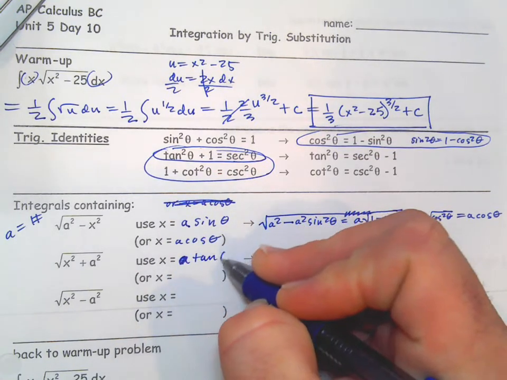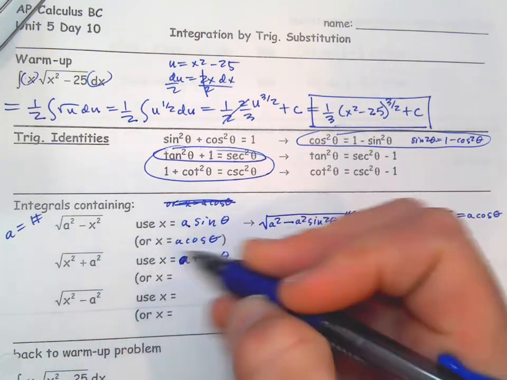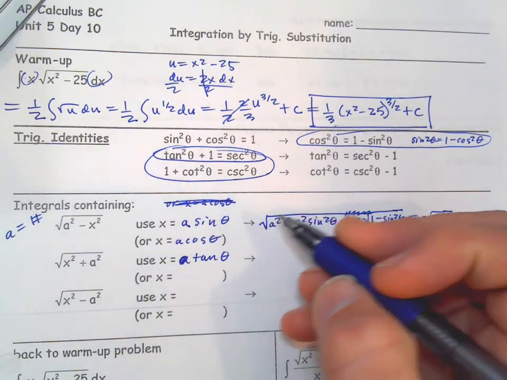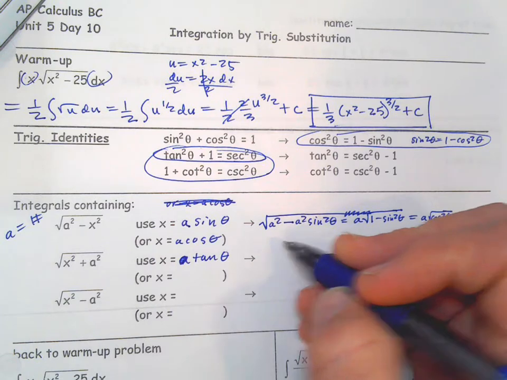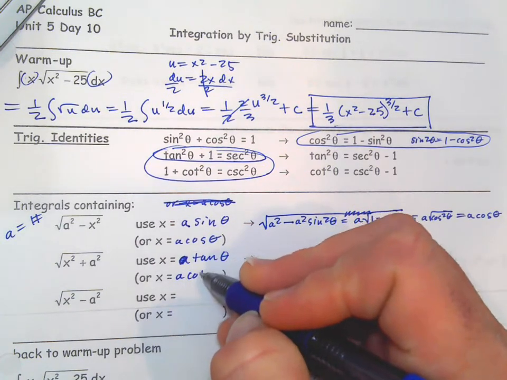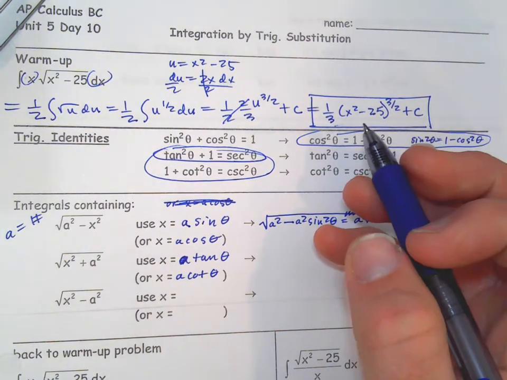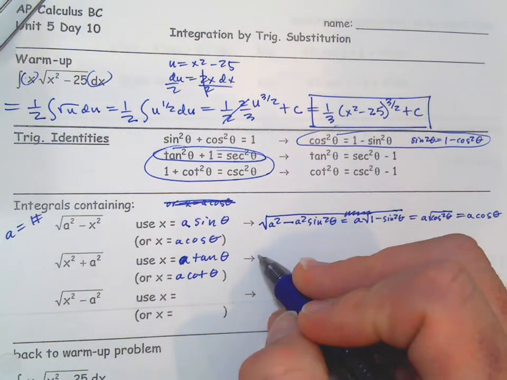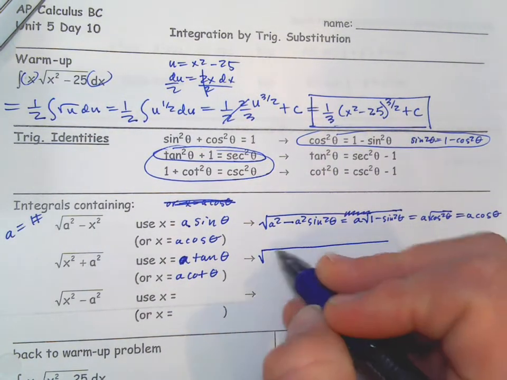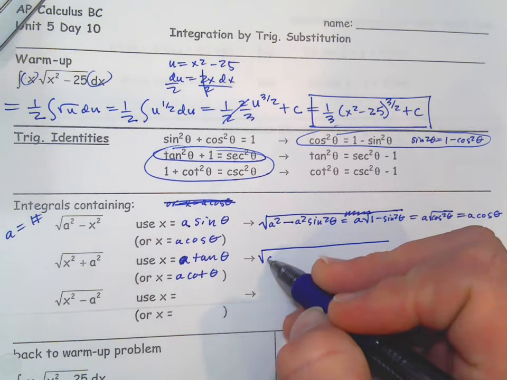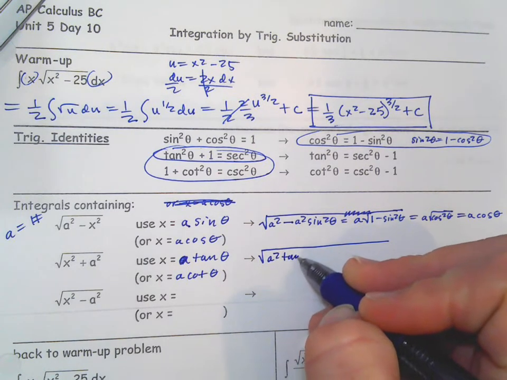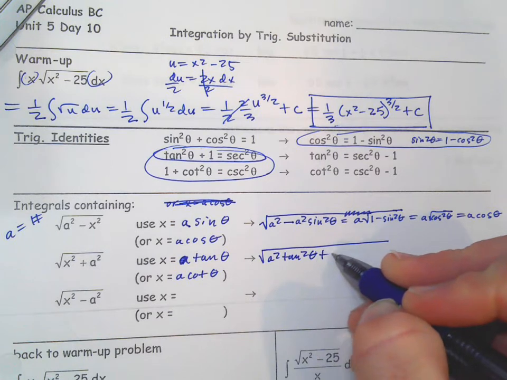You've got to get that a in there. Whatever is squared here, you want that number there. You could alternatively do a cotangent theta. It'll give you a similar pattern. So I'm going to substitute. This is going to be a squared tangent squared theta plus a squared.